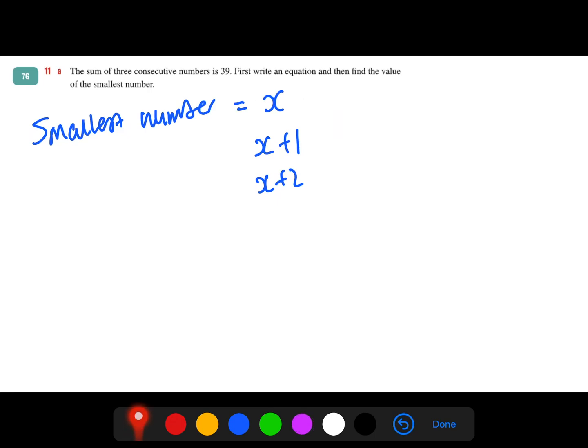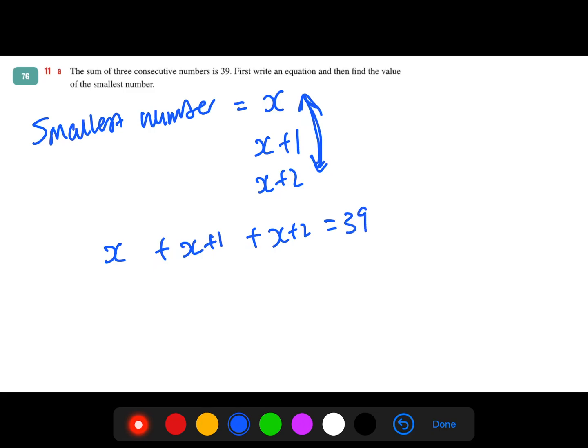So it says here the sum of the 3 consecutive numbers is equal to 39. So the sum will be the combination of all of these three algebraic expressions. So it'll be x plus x plus 1 plus x plus 2, and the total is 39.